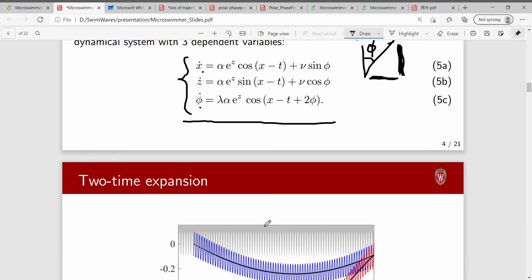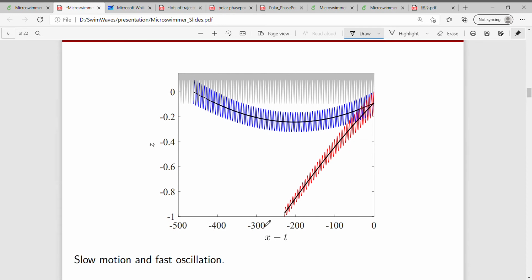This is the dynamic system that we are going to analyze for the problem. So let's take a look at how the microswimmer moves in general. Ignore the black lines for now. Let's look into this red curve here. The microswimmer oscillates, and at the same time it moves forward.